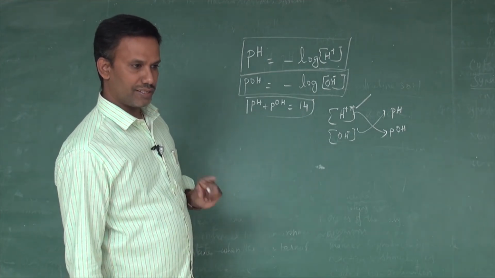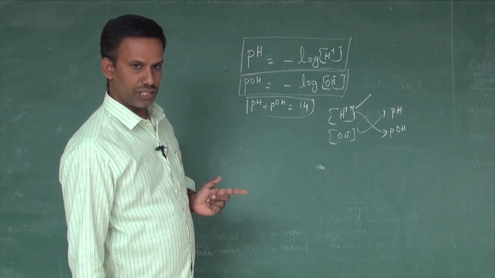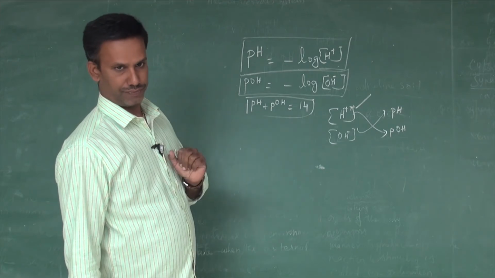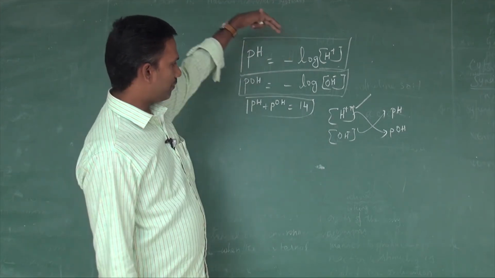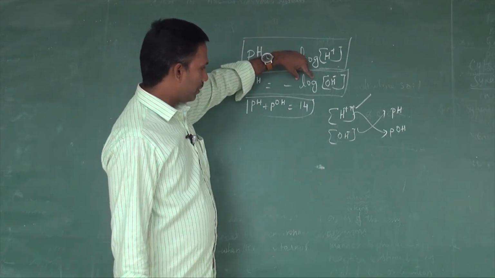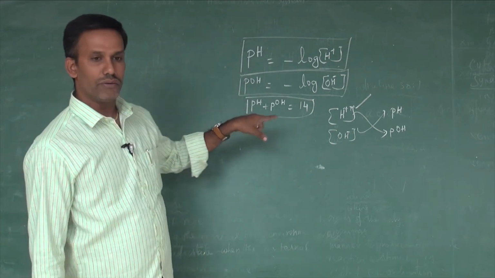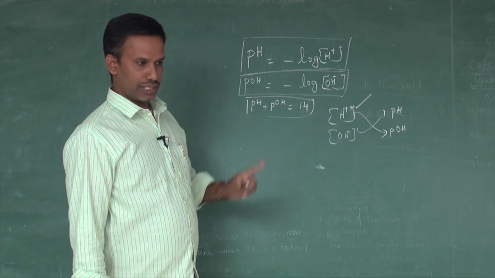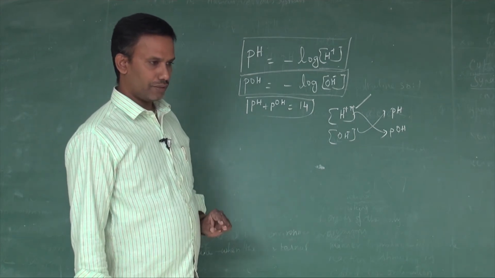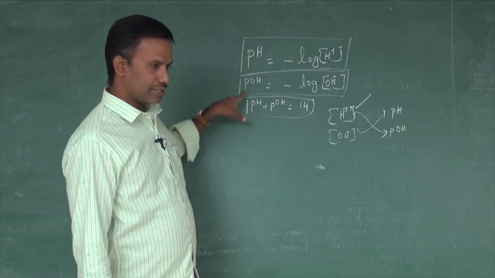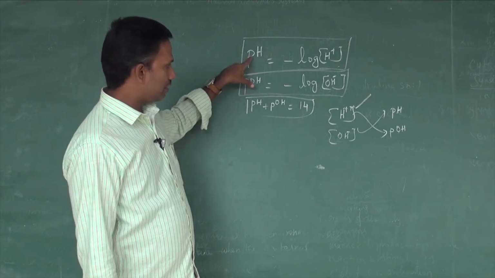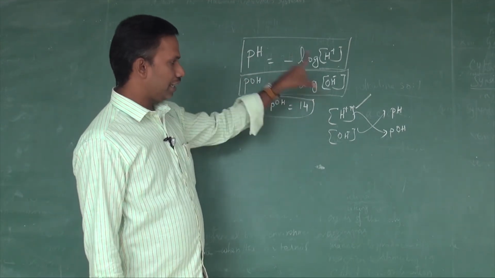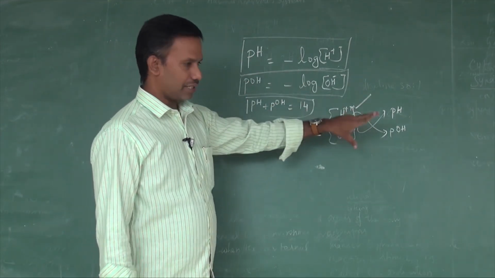But the question is not pOH, the question is pH. So what to do? After finding pOH, you need to apply the third formula, and you will get pH. You have to remember all those things before entering into the problem. First you have to recall these three formulas. After that, what is given, what is asked.